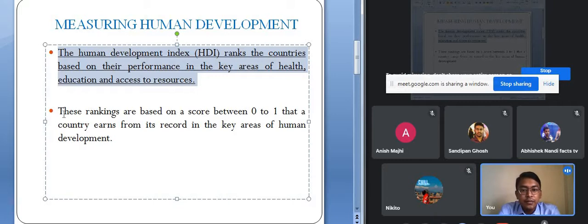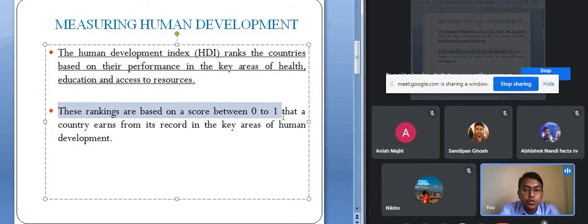What is the range of the score? These rankings are based on a score between 0 to 1 that a country earns from its records in the key areas of human development. For health 0.33, for education 0.33, and for access to resources 0.33.